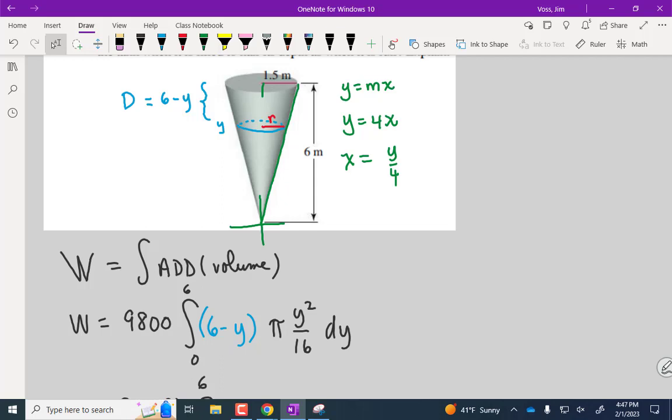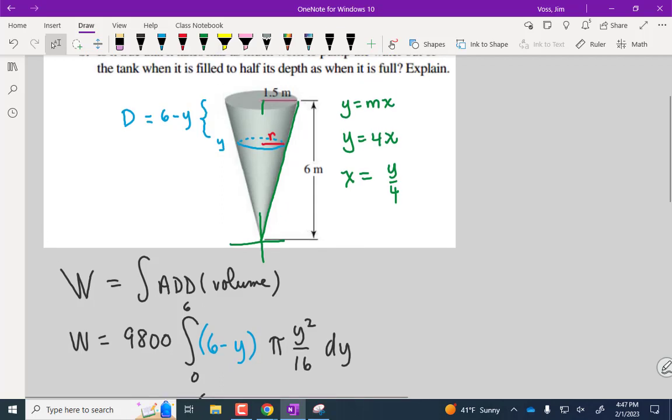But if the tank is like this, it's going to be more work to travel all that stuff down at the bottom. So for the trough that looks like this, it's going to be more work to drain out the bottom because the top is wider, and less work to come right out the top because the bigger slices have less distance to travel. Yeah, good. I'm glad you said that. Does that make sense to everybody?